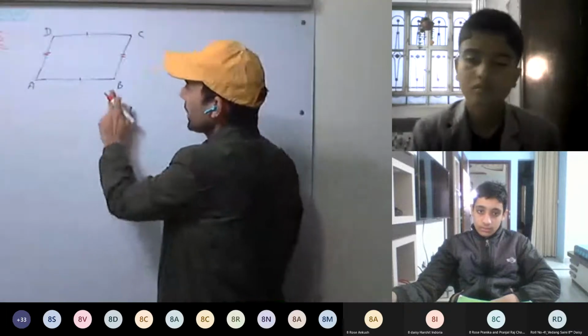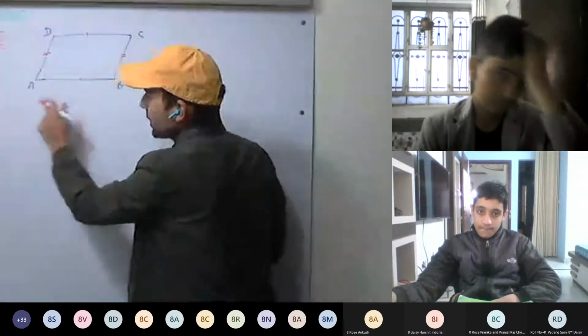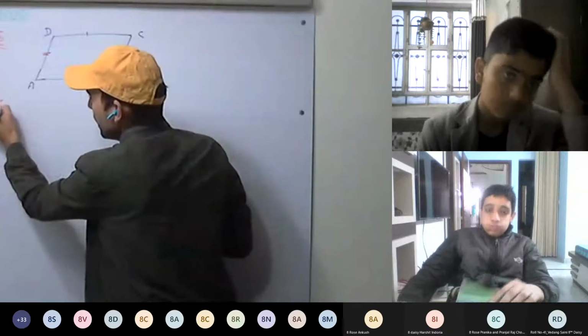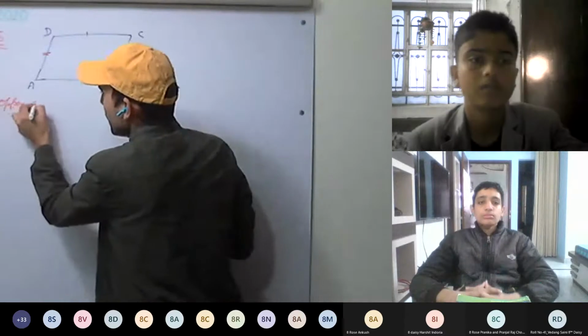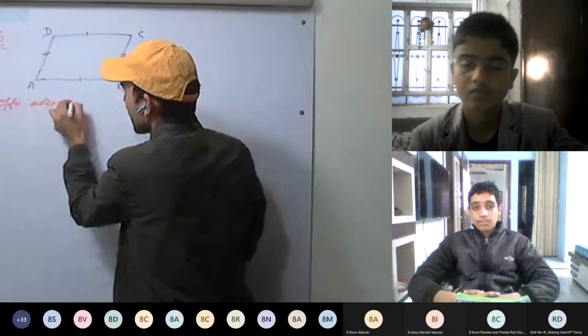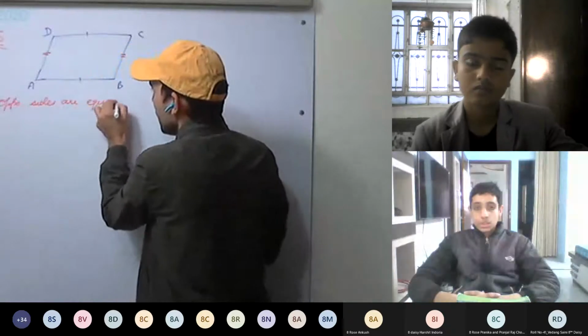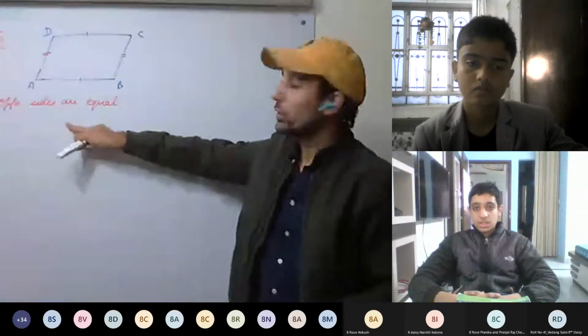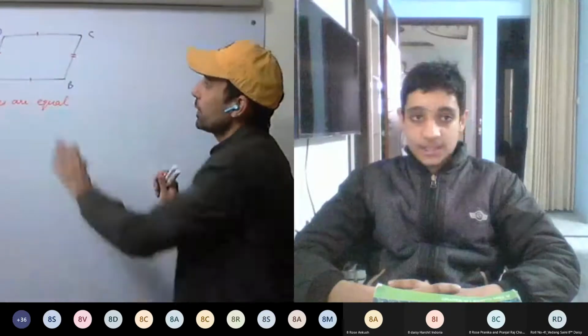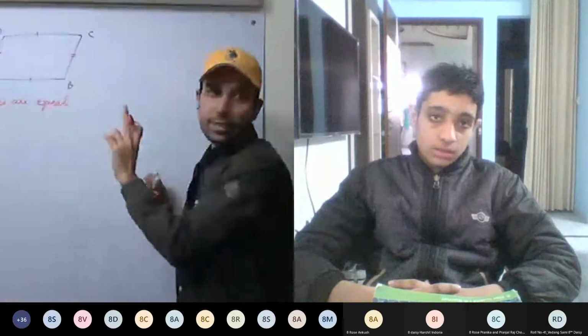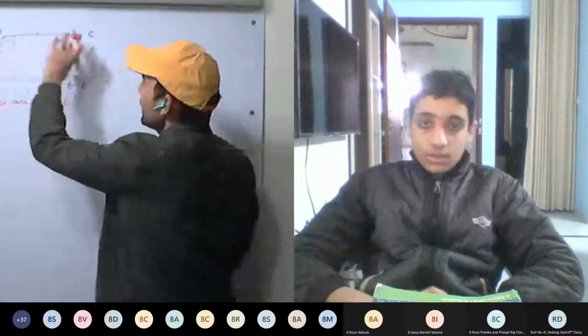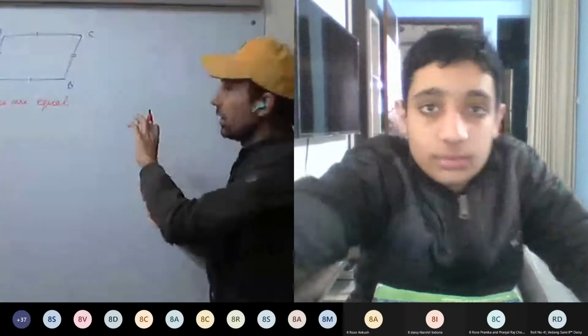Just wait a minute. Opposite sides are equal. So the first property is opposite sides are equal. That means pairs of opposite sides are equal. Pair means AB and CD, one pair, they are equal. AD and BC, they are equal.